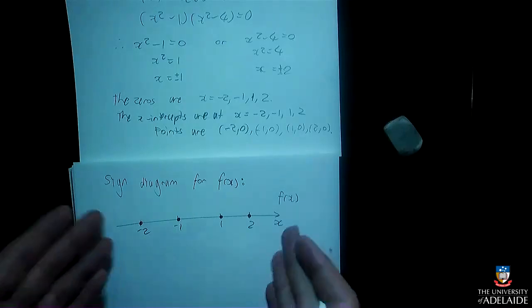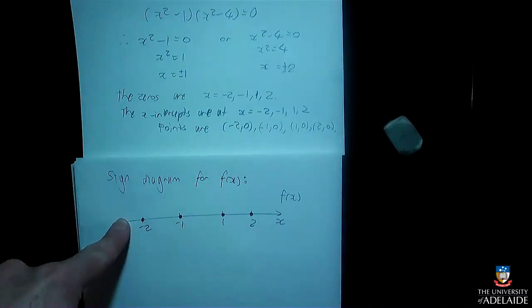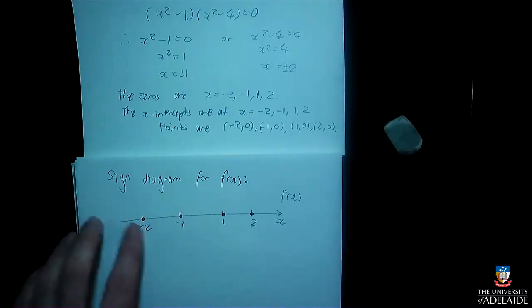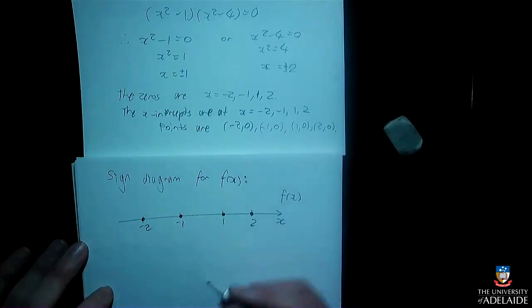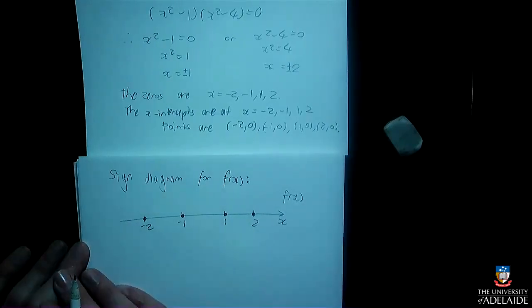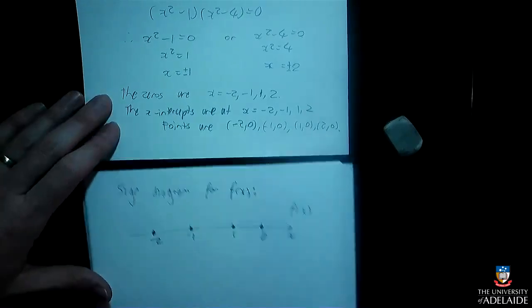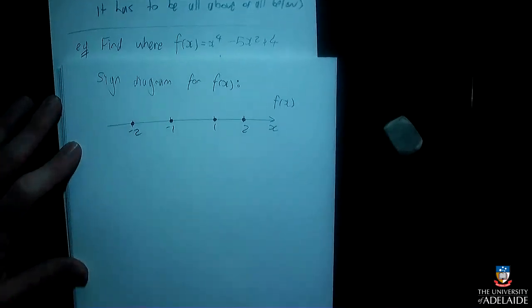Okay, so in order to write this sign diagram, I'm going to need to figure out whether it's plus or minus in each of these zones. If it is plus here anywhere, it will have to be plus everywhere because there's no zeros in this zone, as I just said earlier. So I just pick points in those zones. I'm just going to need to have that function nearby. So that's the function there.